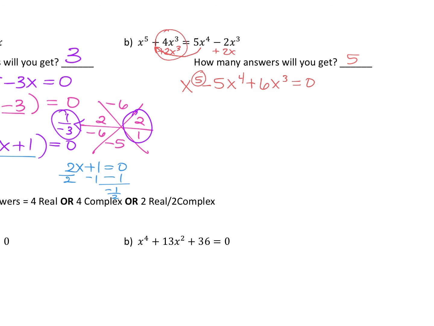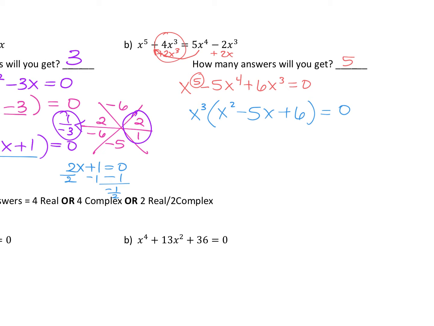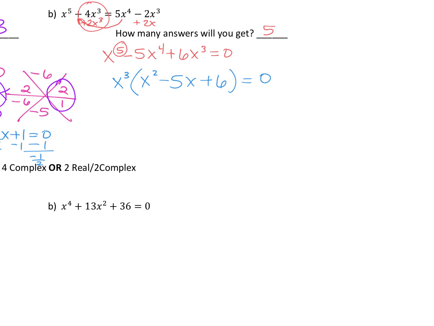Okay, so what's your first step? Factor if you can. Factor what? X cubed. You can take an x cubed out of this. So if I take out an x cubed, I'm left with x squared minus 5x plus 6 equals 0. Then what? Star method, yeah.